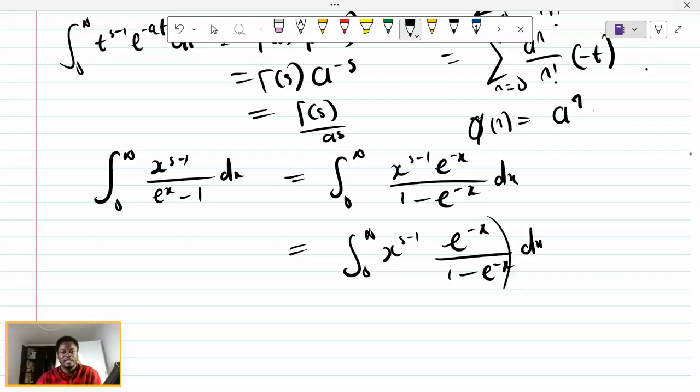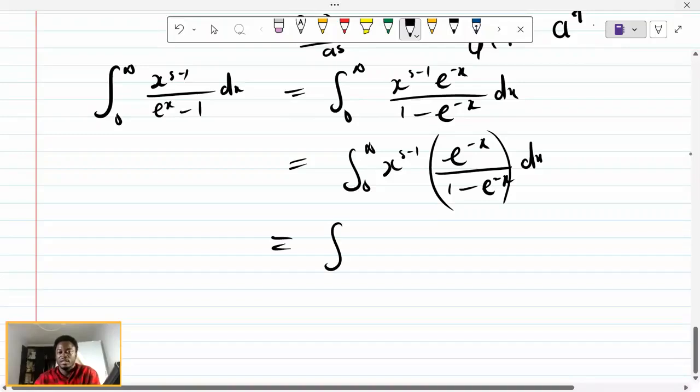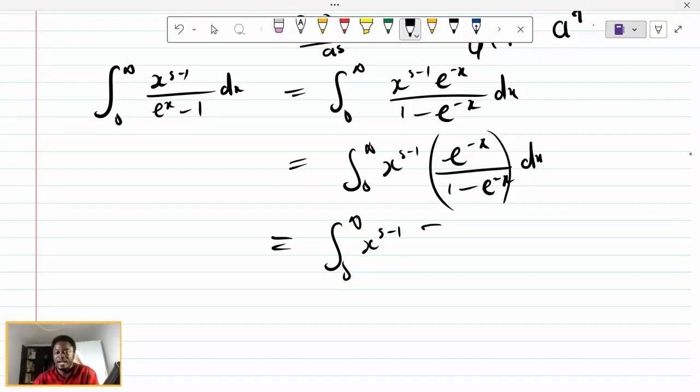So we need to find the Mellin transform of this particular expression. But you notice that we can put it in series form in terms of the geometric series. So this is equal to the integral from 0 to infinity of x to the s minus 1 times the sum as n runs from 0 to infinity of (e to the negative x) to the n.